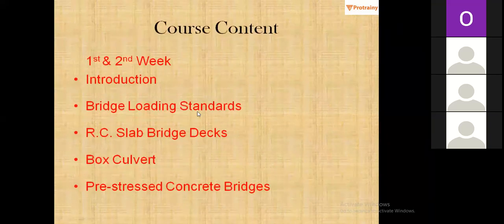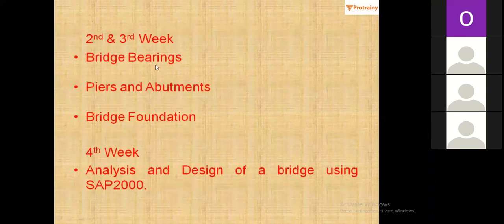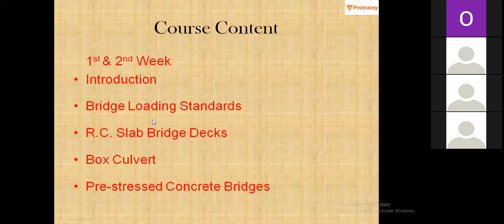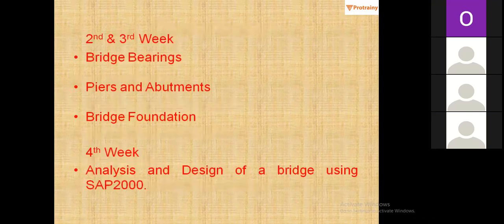After covering these specific types of bridges, we are going to go to, okay, now these RC slab bridge decks, box culverts and pre-stressed concrete bridges, when we are talking about these bridges, we are talking about bridge decks. But below the bridge deck, it's always bridge bearings, piers and abutments, and lastly, bridge foundation.